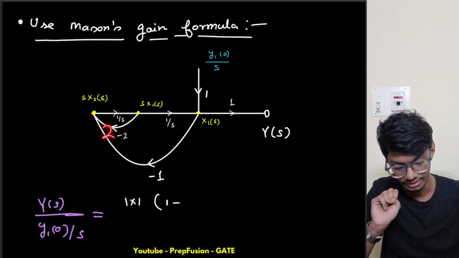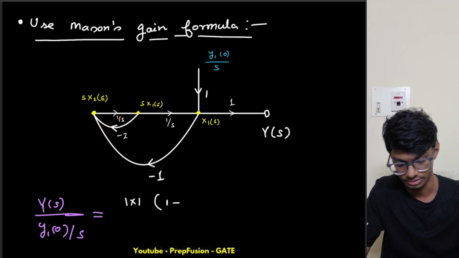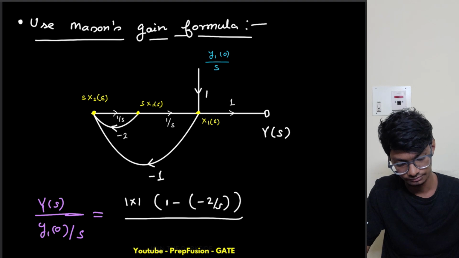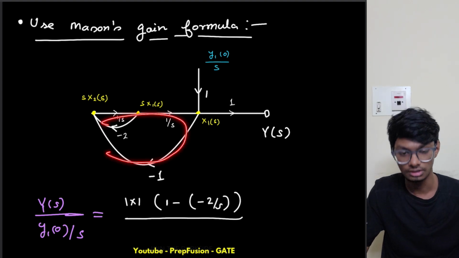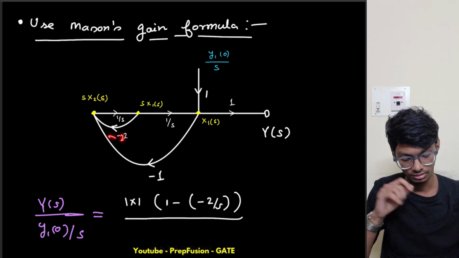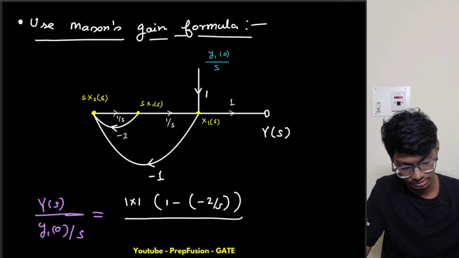It is minus 2 by s. So it is minus 2 by s divided by, what are the loop gains basically? So it is 1 minus, we have two loops.